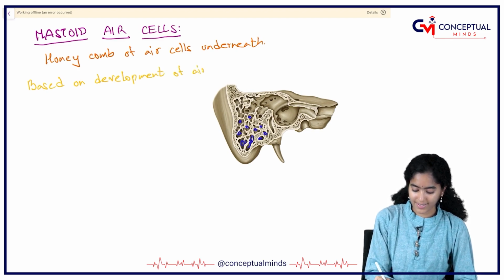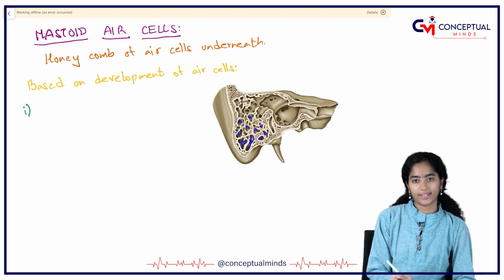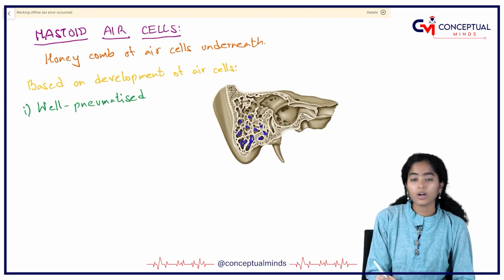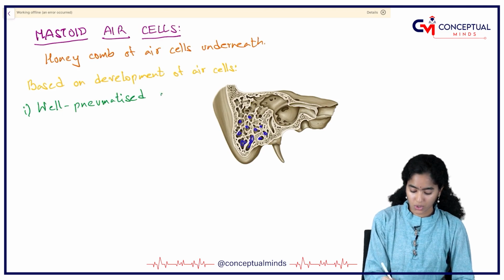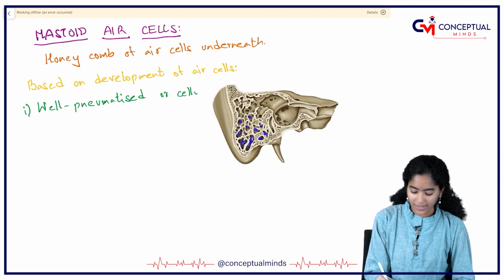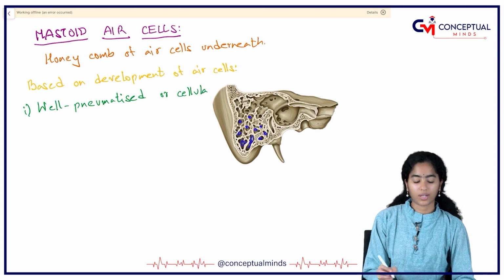Of air cells. The first variety is well pneumatized. Well pneumatized means the air cells are well developed. It is also called cellular. Well pneumatized or cellular.